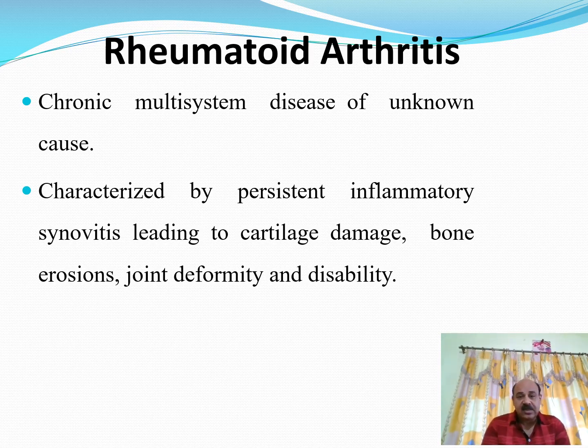This disease is characterized by persistent inflammatory synovitis leading to cartilage damage, bone erosions, joint deformity, and disability. Persistent inflammation in the joints results in damage of various joint articular structures, bone erosions also take place, and ultimately joints are deformed and various deformities become inevitable as the disease becomes chronic.